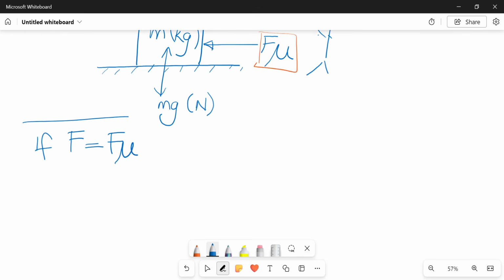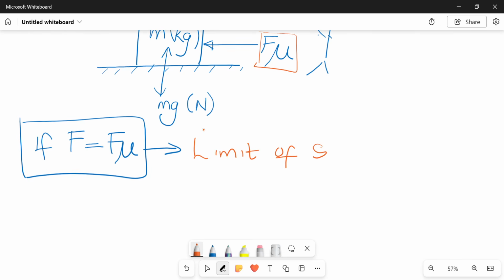So this is essentially what we'll refer to as your forces being in equilibrium. This is what we will call our limit of static friction. All right, that is essentially what we call it.